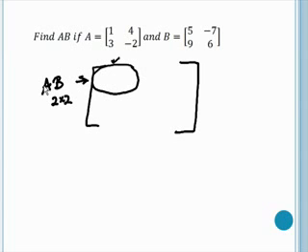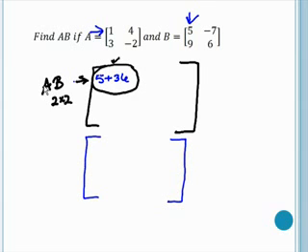Okay, so I'm going to take the first row times the first column in the second one. So I want to take 1 times 5 plus 4 times 9. Okay, so then we go ahead and we add those 2 together, so we'll clean it up down here a little bit. So we get 41.